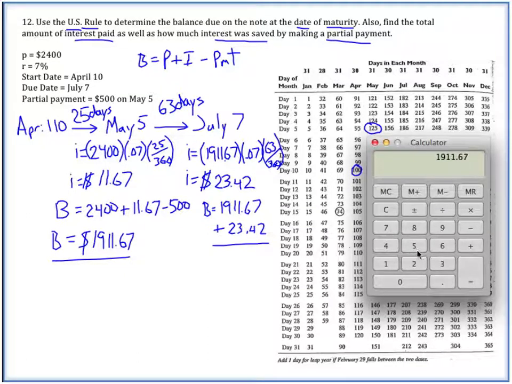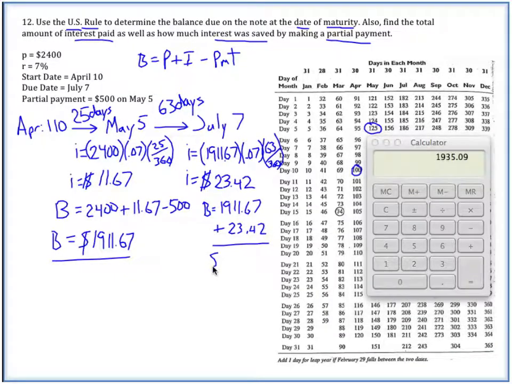Now notice we didn't subtract anything like we did on May 5th because we're not making a partial payment, we're paying off everything. And so the amount we would have to pay off right on July 7th is $1,935.09.